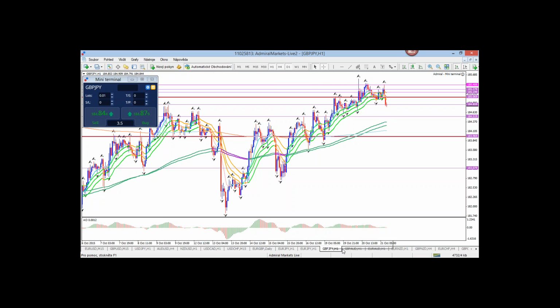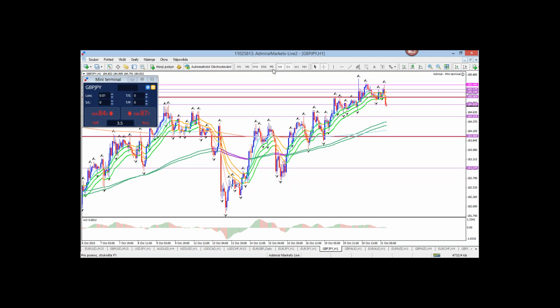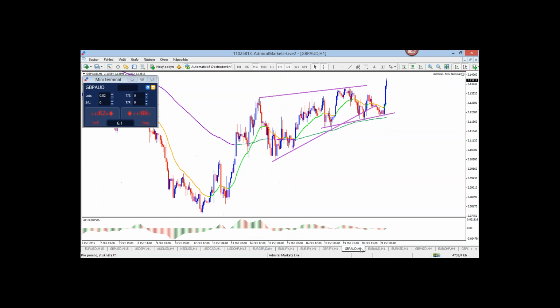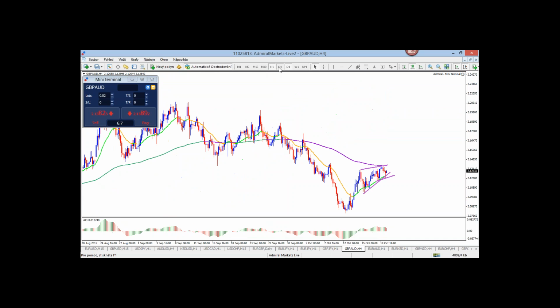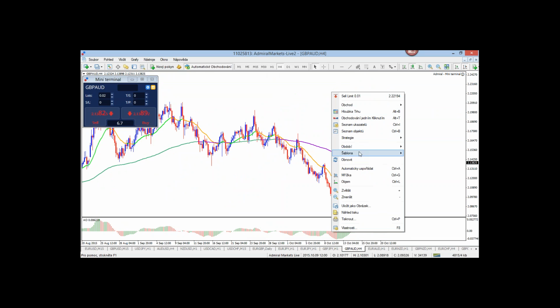Pound yen, we talked about it already. Maybe the reversal on the hourly. All right, pound odd is certainly not falling and is moving up at the moment.